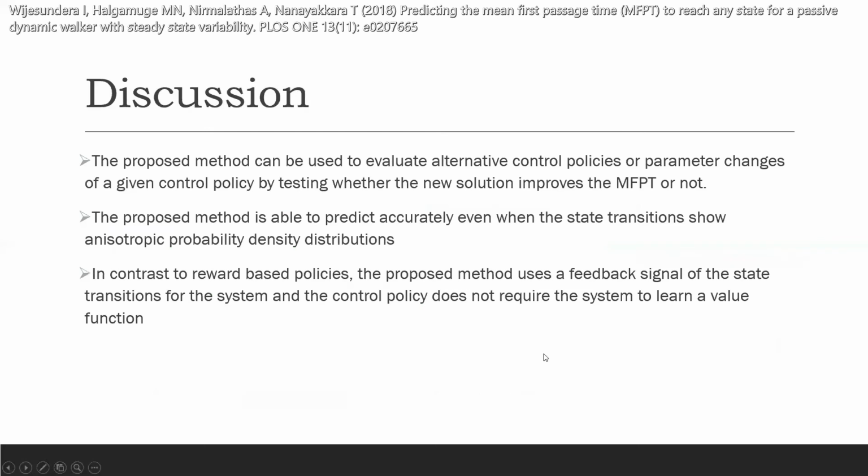Finally, there are a few points that I'd like to mention before finishing this presentation. Firstly, the proposed method can be used to evaluate alternative control policies or parameter changes of a given control policy by testing whether the new solution improves the mean first passage time or not.